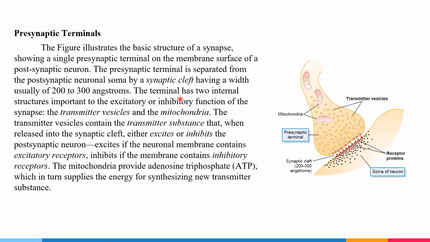The terminal has two internal structures important to the excitatory or inhibitory functions of the synapse, which are the transmitter vesicles and the mitochondria. The transmitter vesicles contain the transmitter substance that, when released into the synaptic cleft, either excites or inhibits the postsynaptic neuron.